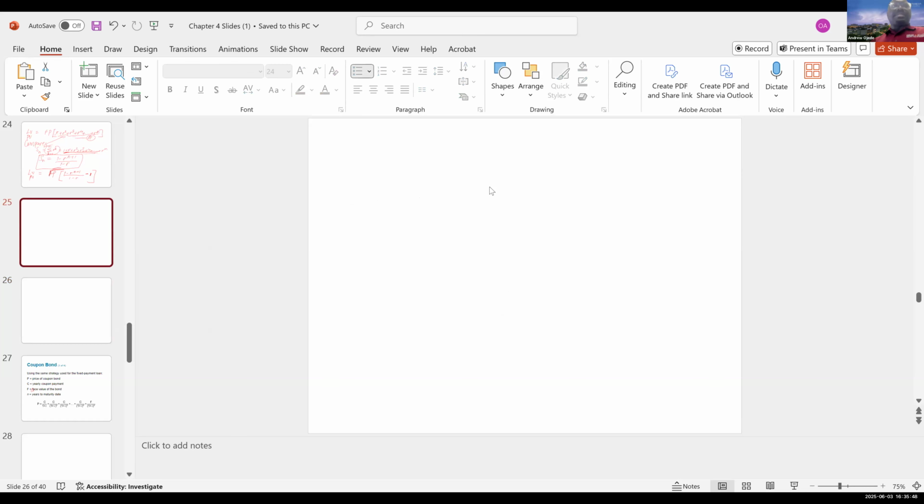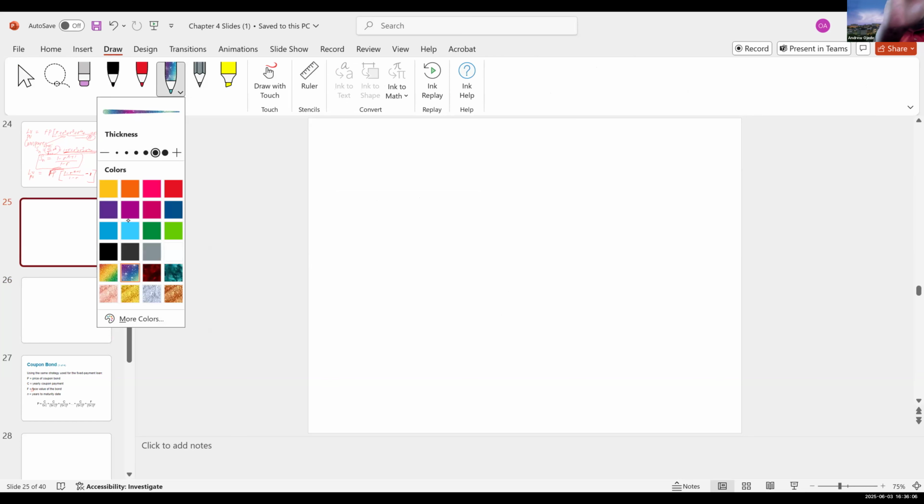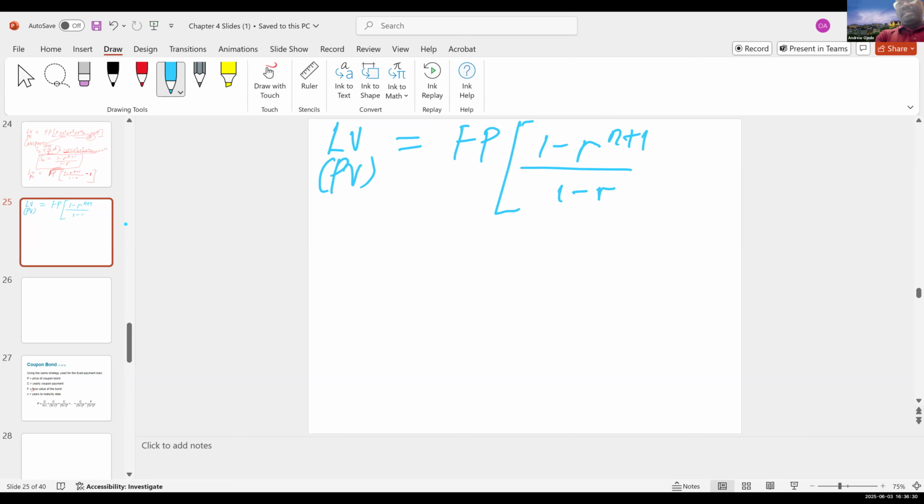I want to rewrite this formula again. We just came up with a beautiful formula that we're going to apply to calculate the present value or the future value, whatever you want, on a fixed payment loan. The formula says that the loan value, or the present value of a fixed payment loan, can be written as the fixed payment times (1 minus r to the n plus 1 divided by 1 minus r), then minus 1.